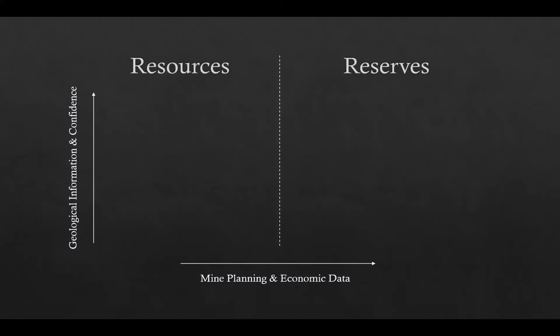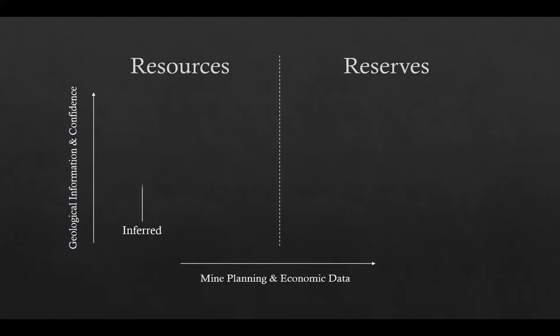We start from inferred resource, for which tonnage, grade and mineral content can be estimated with a low level of confidence. It is assumed based on the vicinity of the resource and may not be supported by samples or measurements.